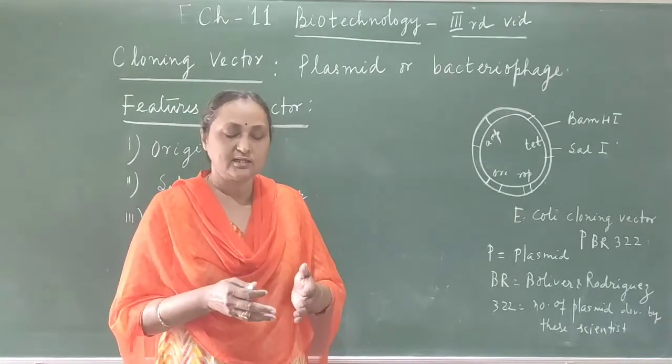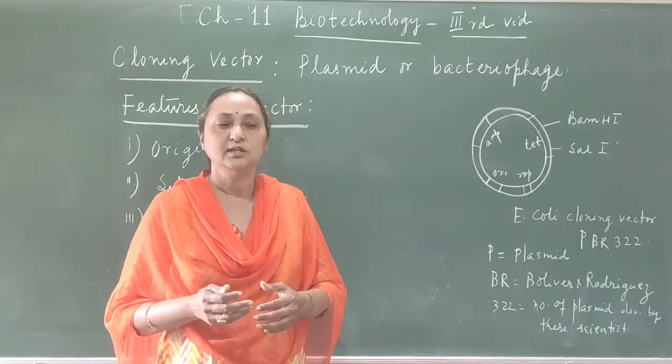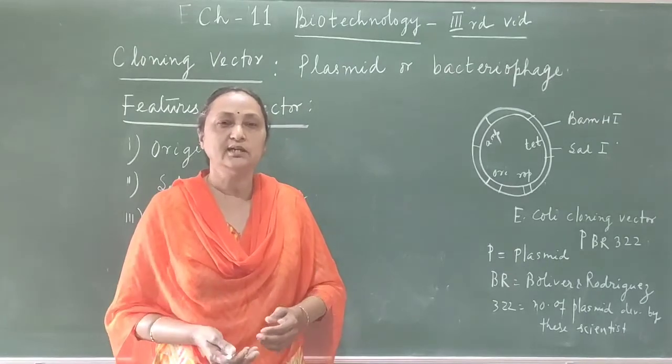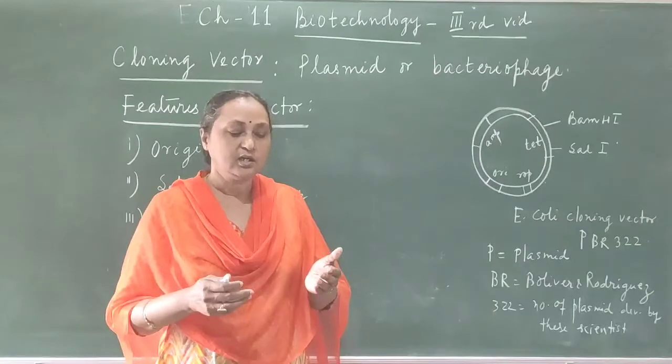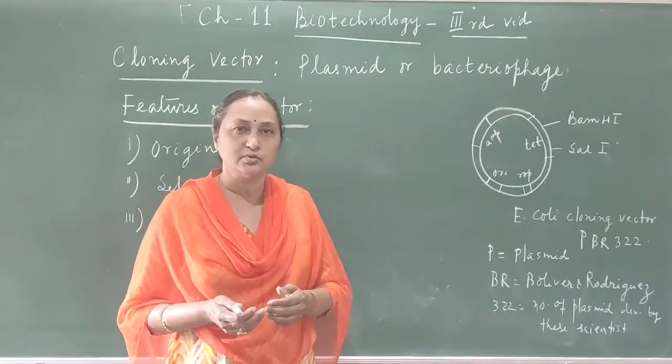Now when the virus enters the E. coli cell, in place of producing disease, it can multiply that gene of desirable interest so that we can get the clone or multiple copies of the foreign DNA. So this is the way the plasmid or the bacteriophage are used in genetic engineering procedures.